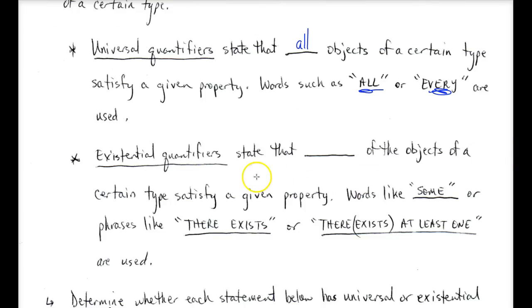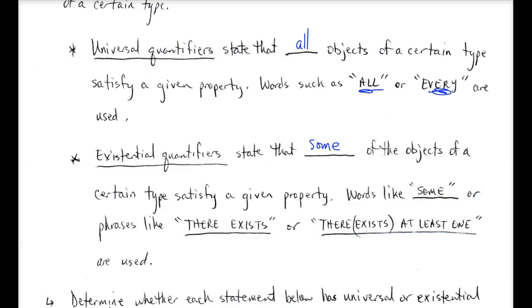For existential quantifiers, we know that they state that some of the objects of a certain type satisfy a given property. And we know we have an existential quantifier when we see words like some, or there exists, or there exists at least one.